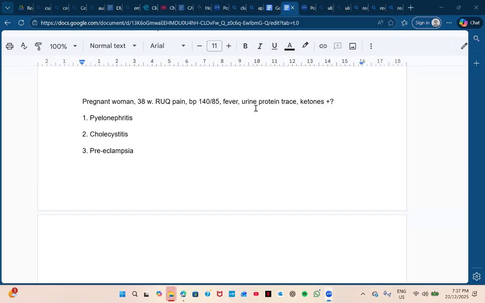So, what do you think about this question, doctors? Pregnant woman, 38 weeks, right upper quadrant pain, blood pressure 140 by 85, fever. What about other doctors? Preeclampsia, cholecystitis, pyelonephritis.